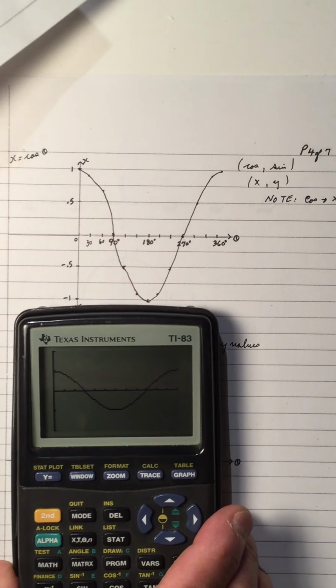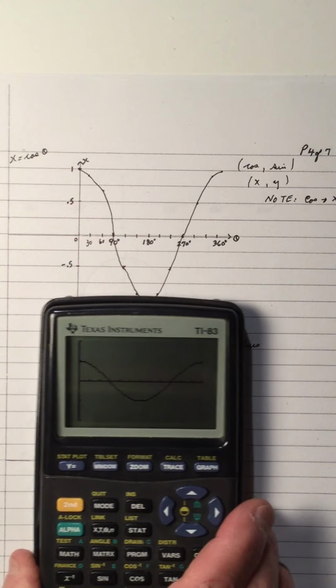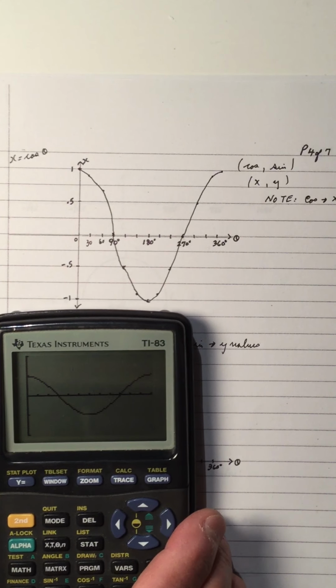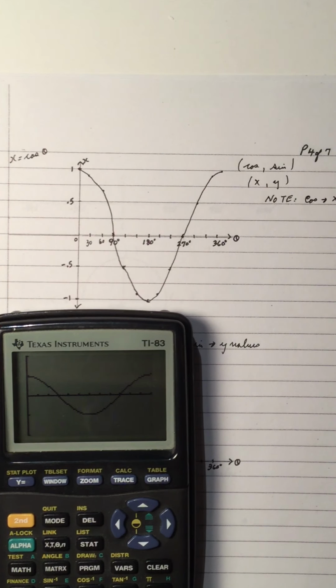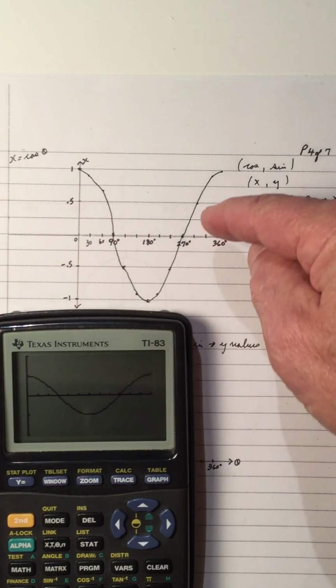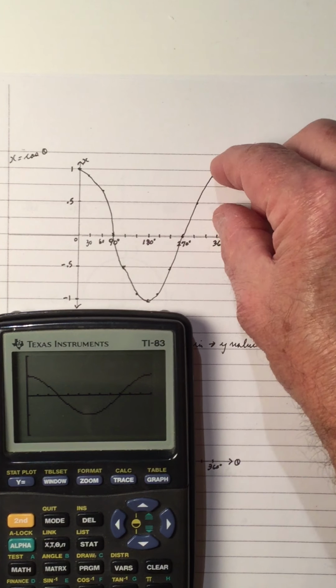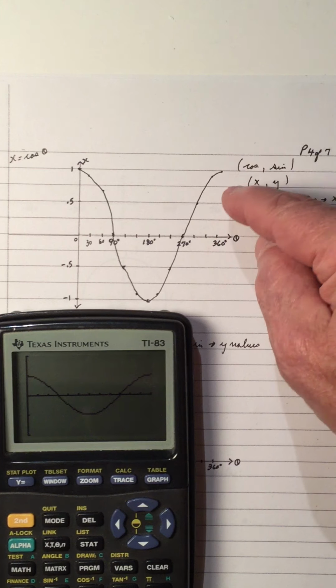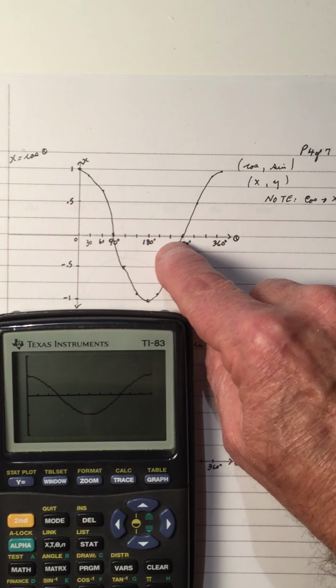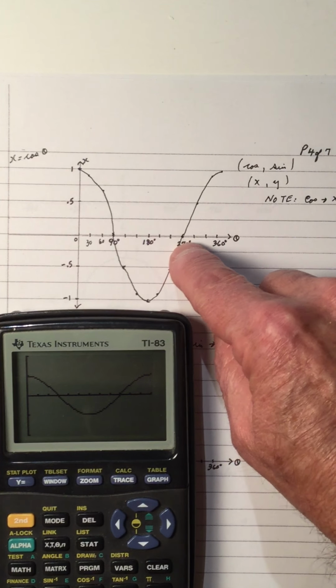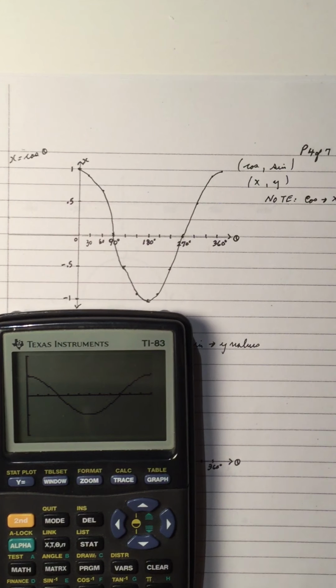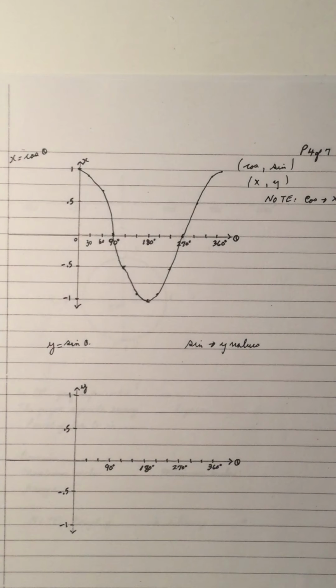Compare them. There they are. Only I have the graph at a different proportion here, because one is this distance from here to here, whereas this degree is only a small distance. That's why you see it like it is. I just wanted to show you that on my graphing calculator.